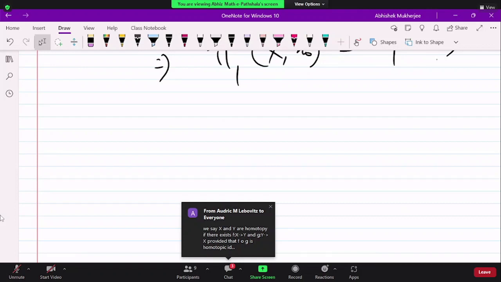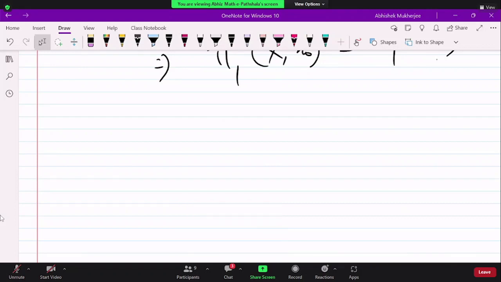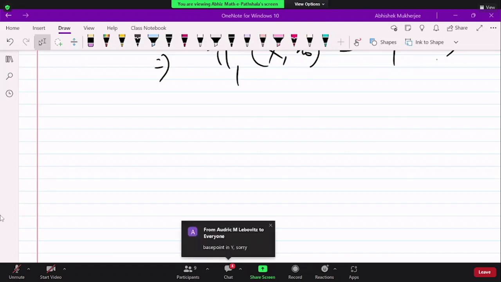So we say X and Y are homotopy equivalent.